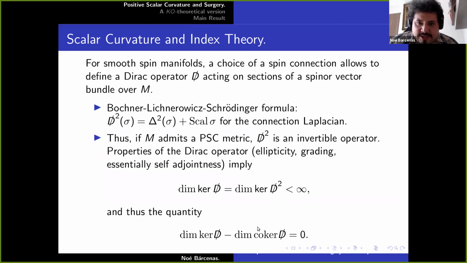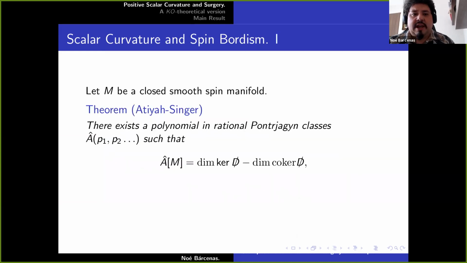So here you see everything could be phrased in terms of analysis, since the Dirac operator is an analytical gadget. But then there is the surprise, the Atiyah-Singer index theorem, which tells you there are actually topological obstructions for this analytical relation to hold.